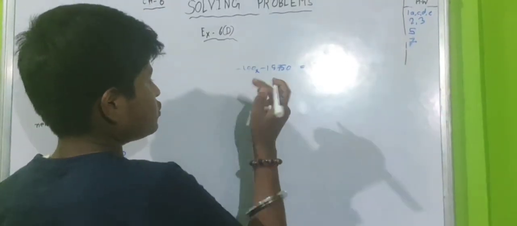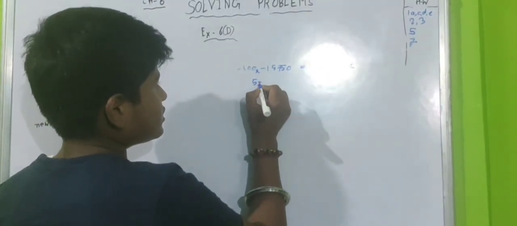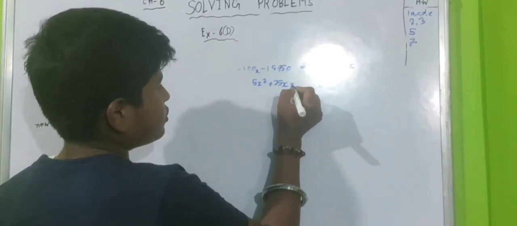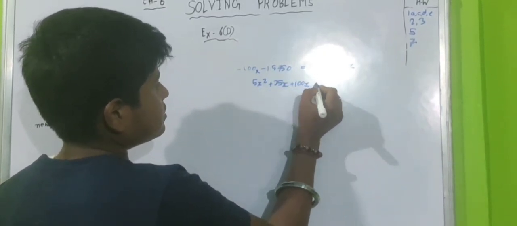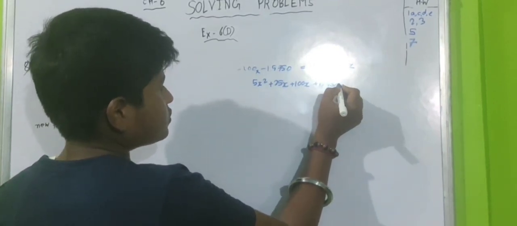Send this to this side, you will get 5x square plus 25x plus 100x plus 15750 equals 0.